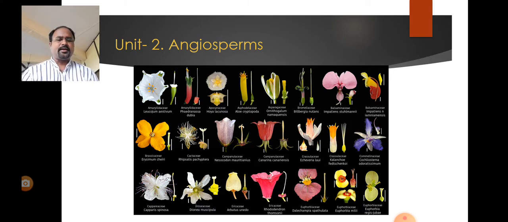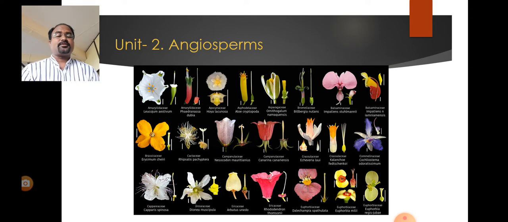Then chemical constituents. We know that every plant has its own medicinal properties, but we have to find them out. There is no plant on earth which is not useful for man. But man is always thinking selfishly: it is not useful to us, so why should we cultivate it, why should we conserve it?